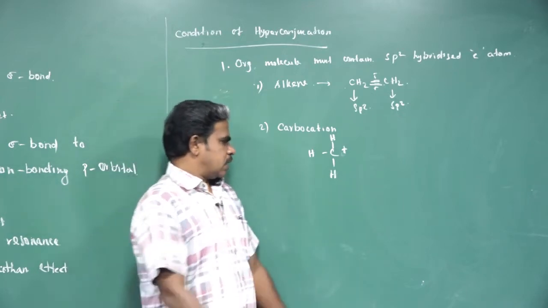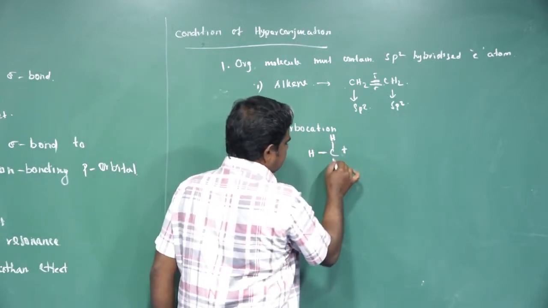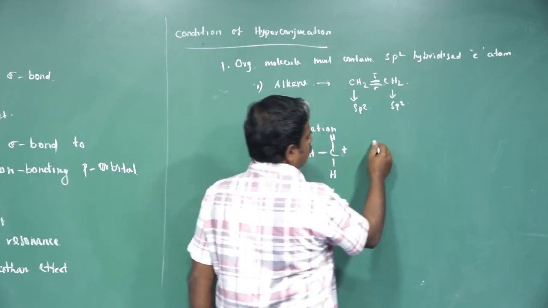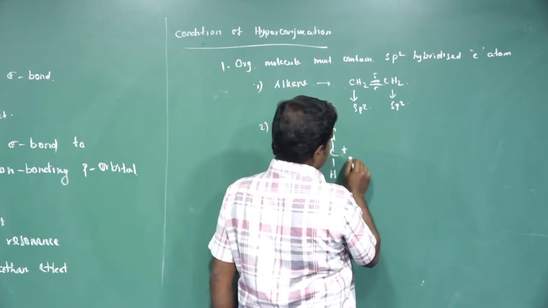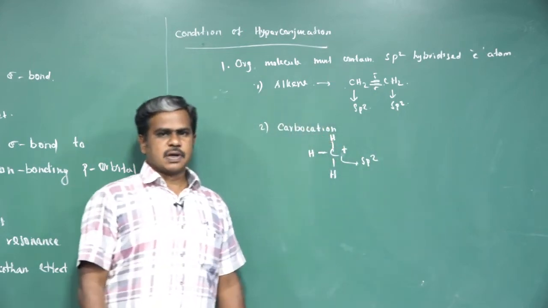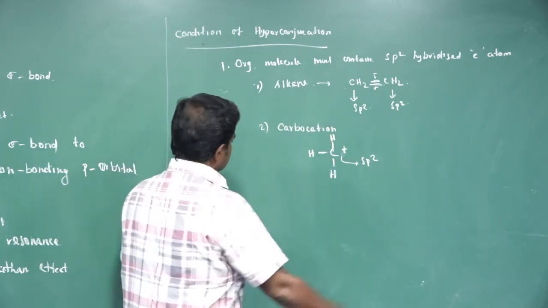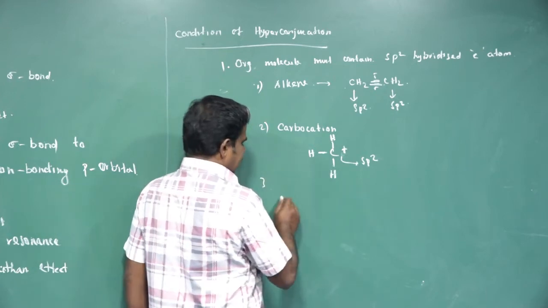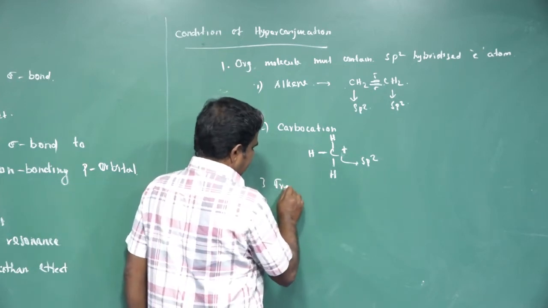Any carbocation is surrounded by only 3 covalent bonds, so it is sp2 hybridized.